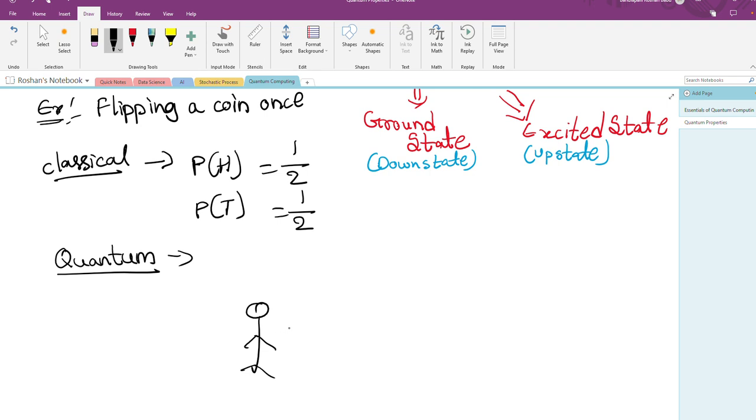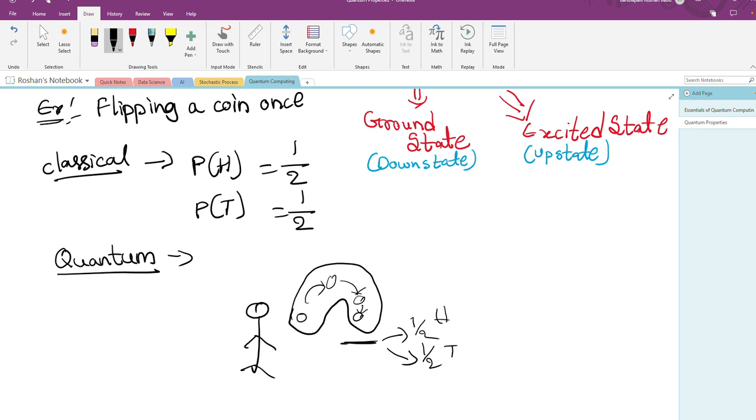Let's say a person has flipped a coin in the air. Until it reaches the ground, once it reaches the ground, its probability will be 1 by 2 with respect to head, 1 by 2 with respect to tail. But can you guys identify what will be the probability when it is in the air? It's difficult, right? So here comes the quantum superposition.